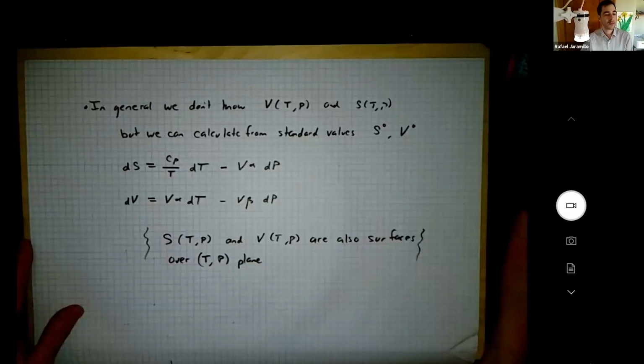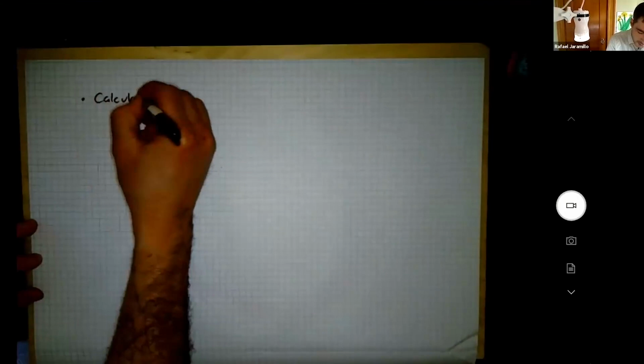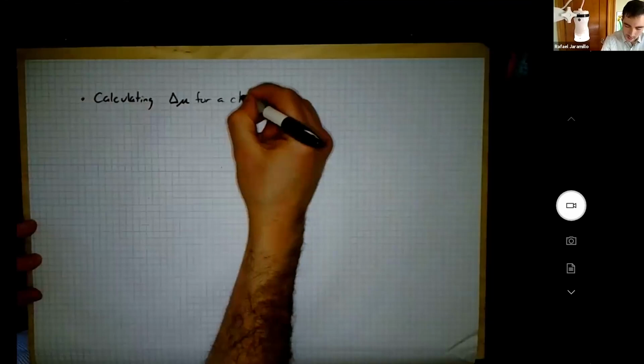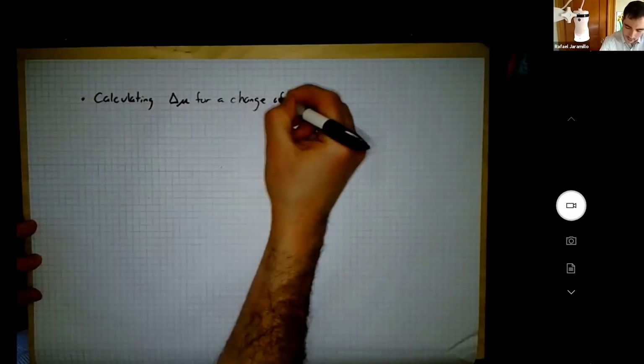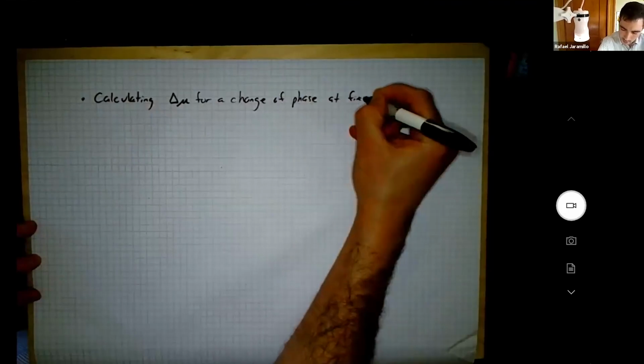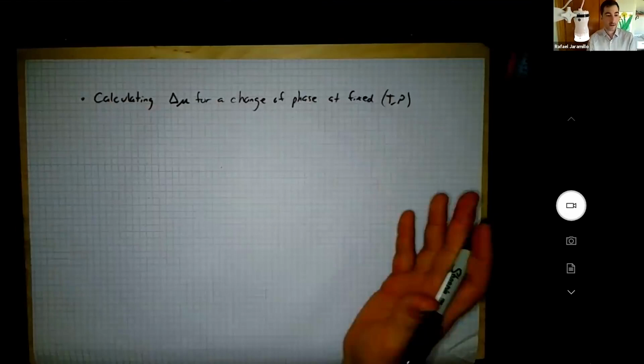Okay, one last line in this vein and we'll be done. So let's talk about calculating delta mu for a change of phase at fixed T. So we just talked about how to do it for varying T and P. Now let's talk about change of phase.